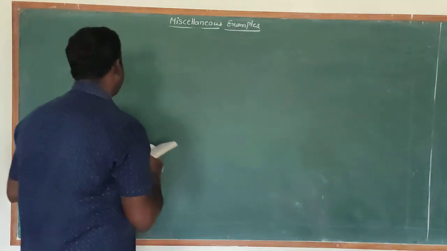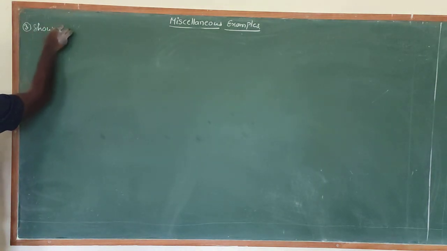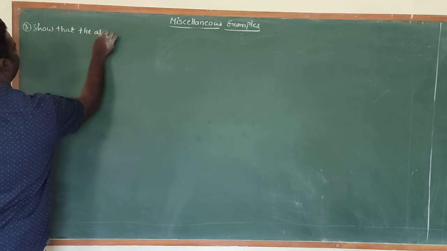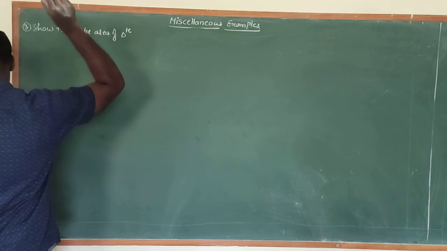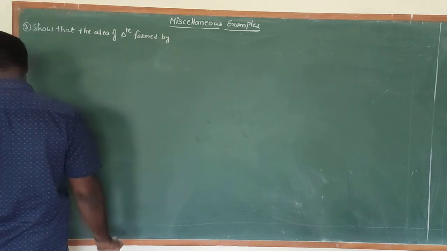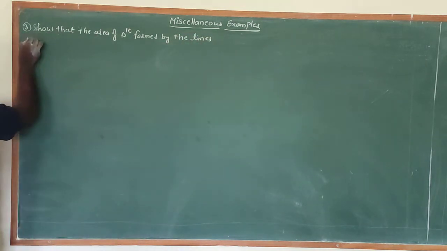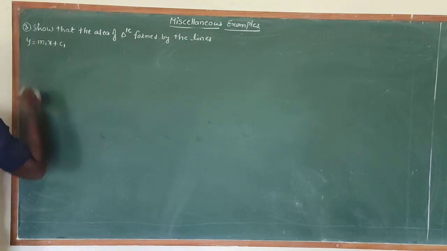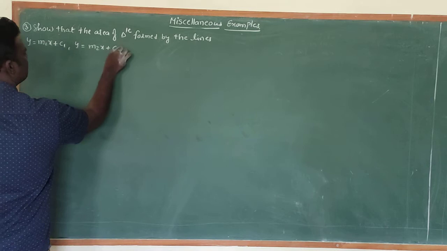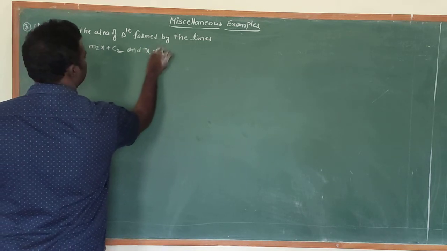Next question. Third question. Show that the area of the triangle formed by the lines y equals m1x plus c1, y equals m2x plus c2 and x equals 0. x equals 0 means which axis?